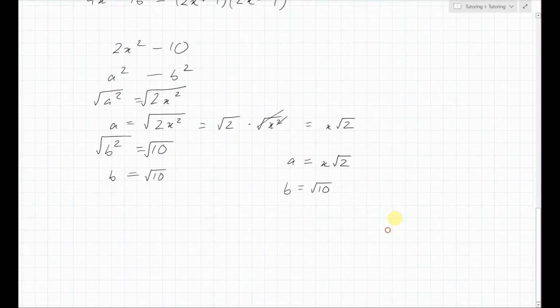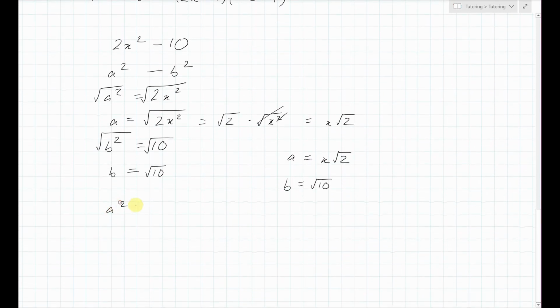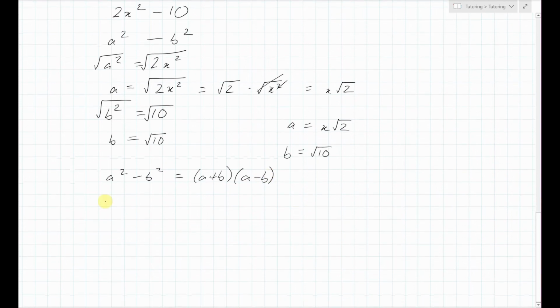So now we have a squared minus b squared equals (a plus b) times (a minus b). So we can say that 2x squared minus 10 is equivalent to (x square root 2 plus square root 10) times (x square root 2 minus square root 10).